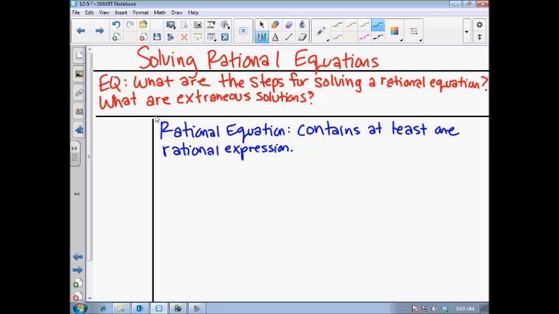Okay, and this rational expression needs to involve the variable. So if there's just a fraction 1/3, that wouldn't make it a rational equation automatically.